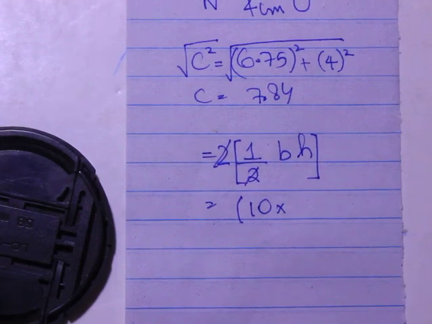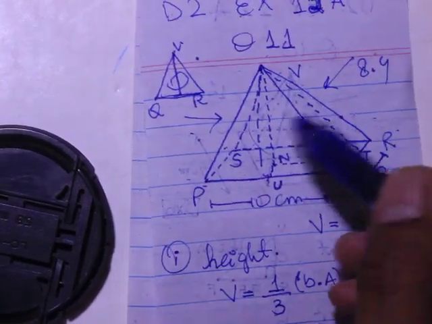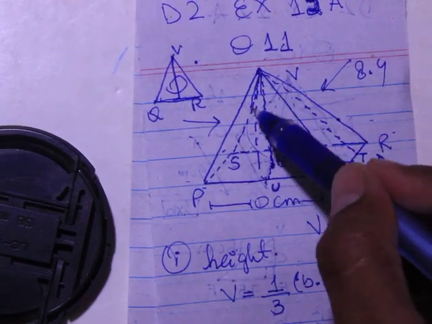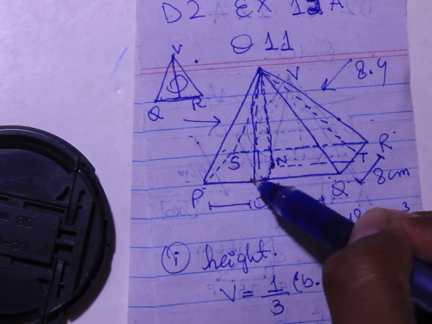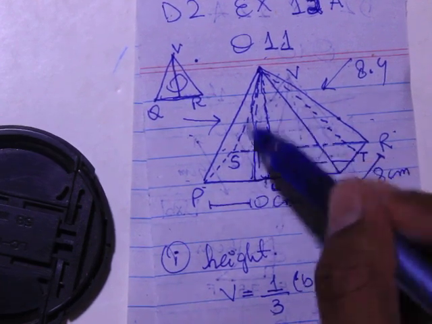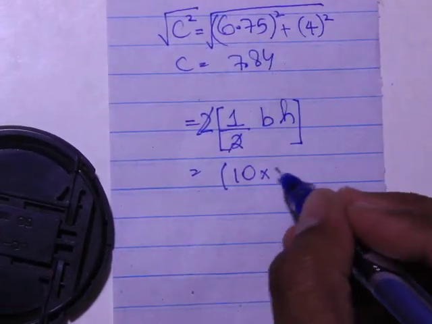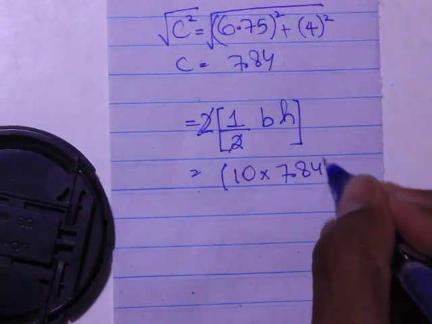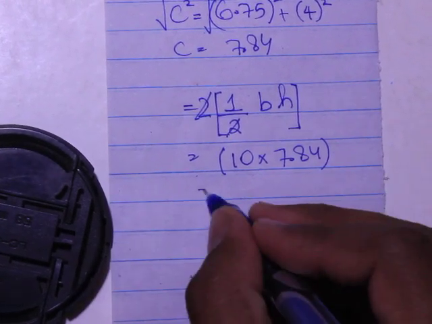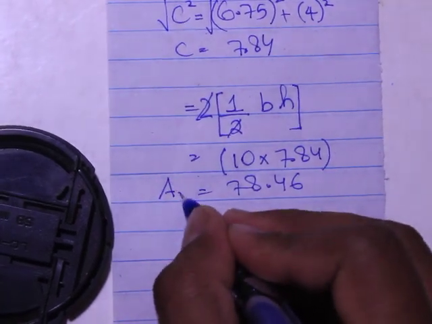And height is 7.84, because we will not take the height VN, we will take the slant height, because we are finding the surface area of this triangular face only. So this is 7.84 what we found a moment ago. This will be 78.4 obviously, 78.46. This is the area 2.